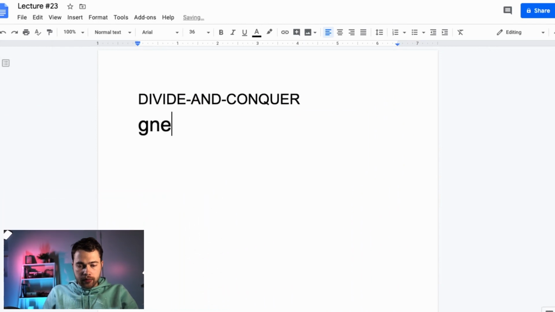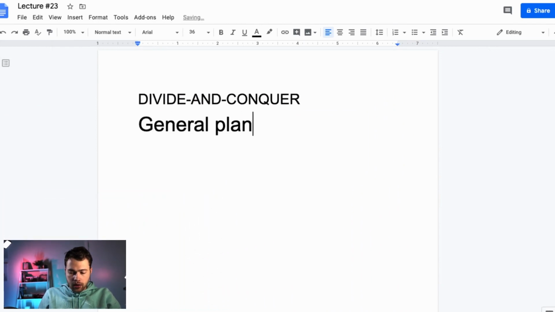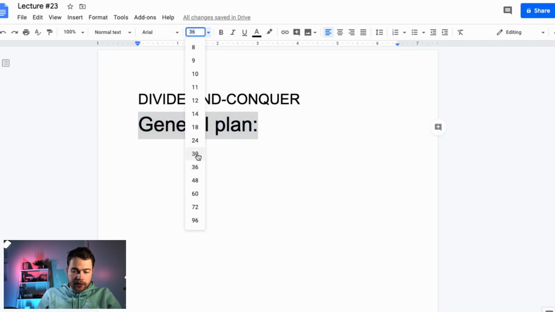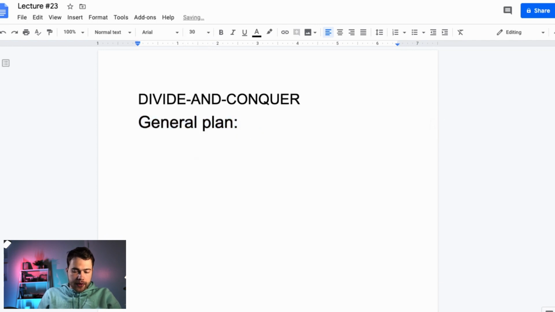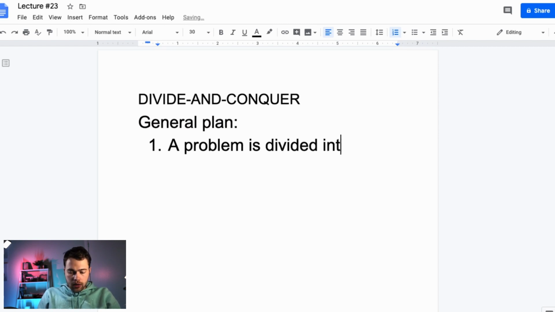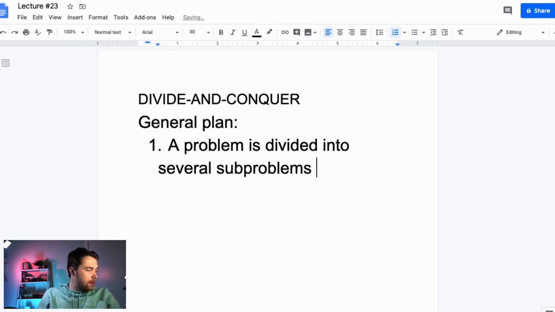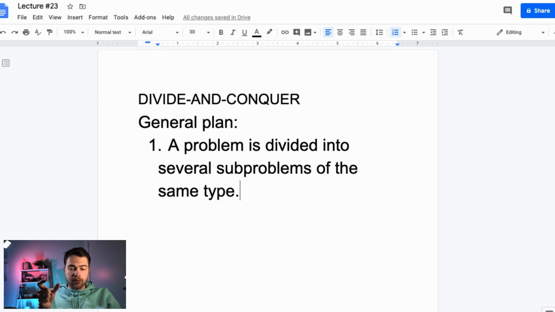So what is the general plan for divide and conquer algorithms? Divide, not decrease, but divide. They're similar, but not the same. Step number 1, the problem is divided into several subproblems of the same type.